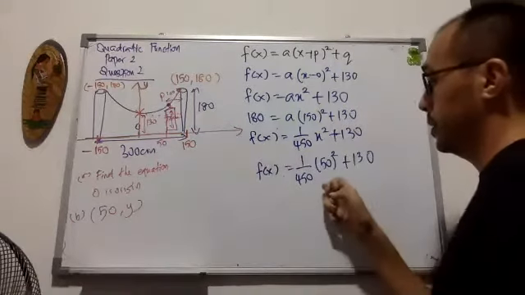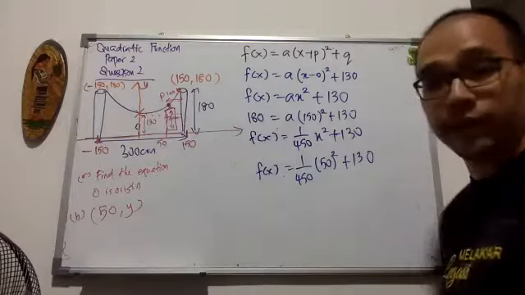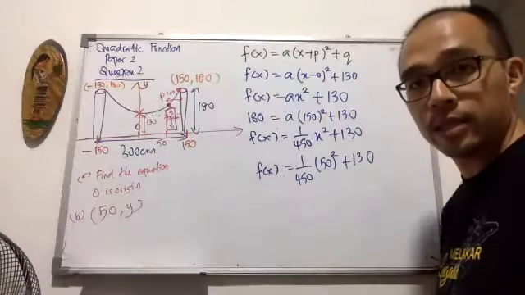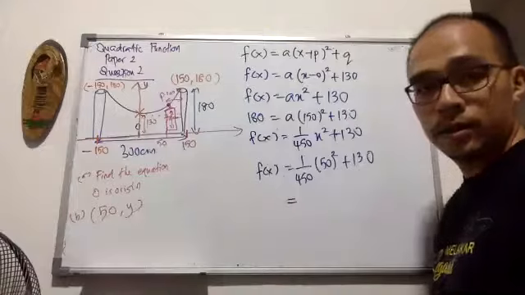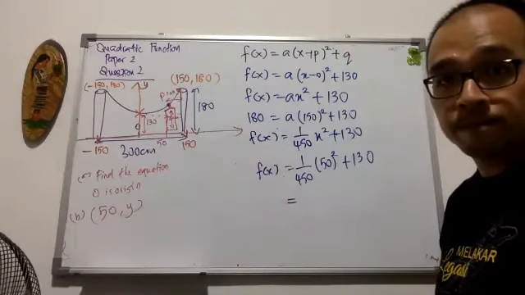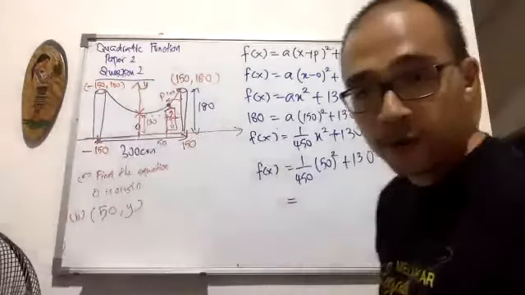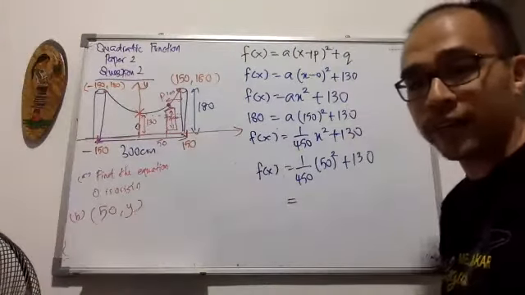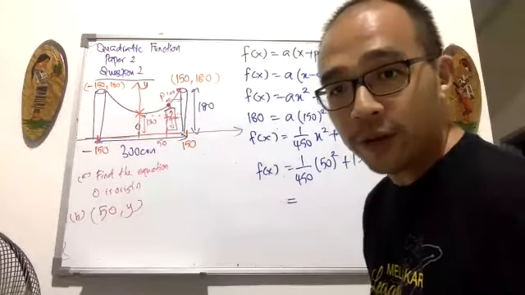How much is this? 1 over 50 plus 130. Probably going to be more than 130, but let's just calculate and see. It's 1220 over 9, which is 135.56.